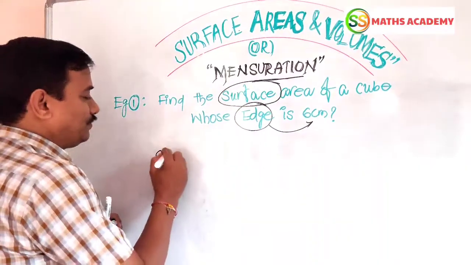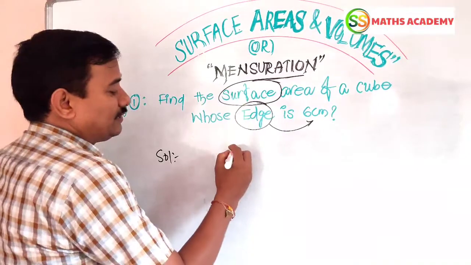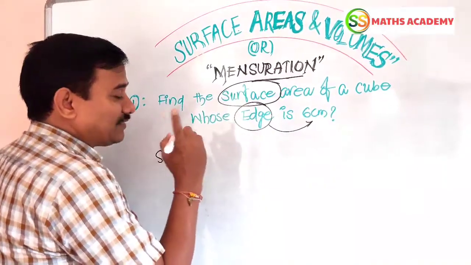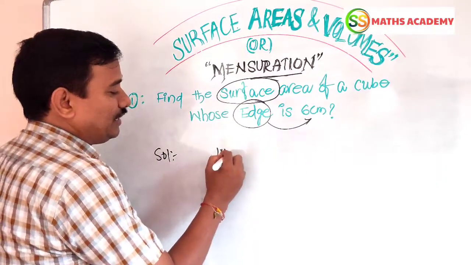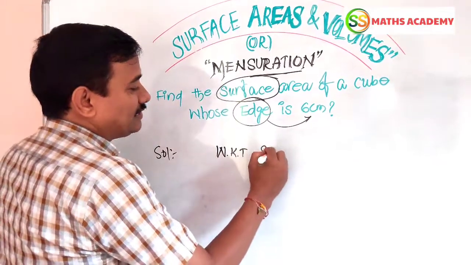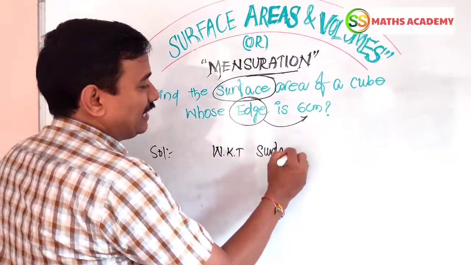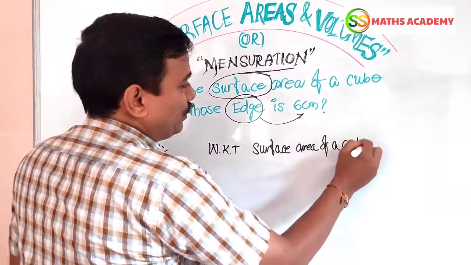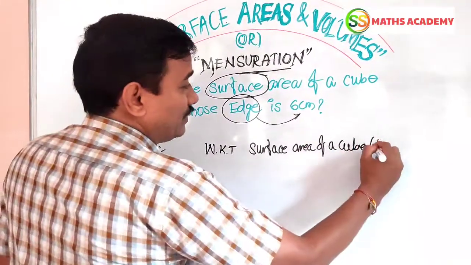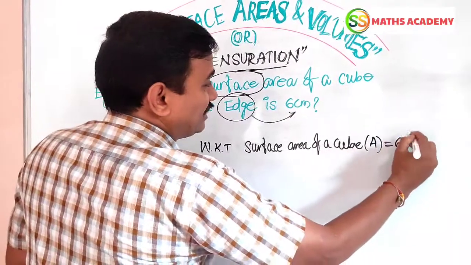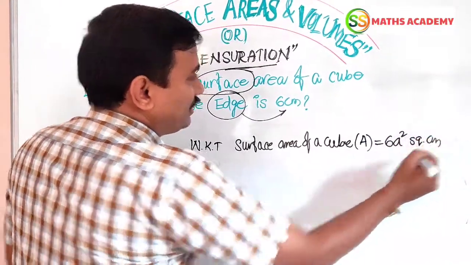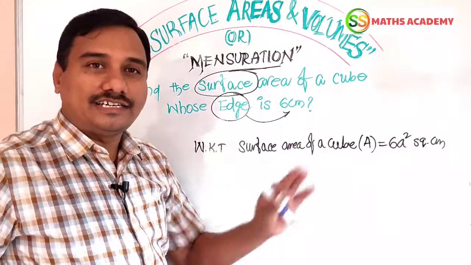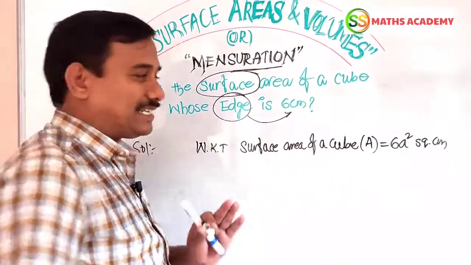Solution. What we know is that the surface area of a cube is 6a square centimeter. Here the measurement is given in centimeter, that is the reason I have to keep it in centimeter.